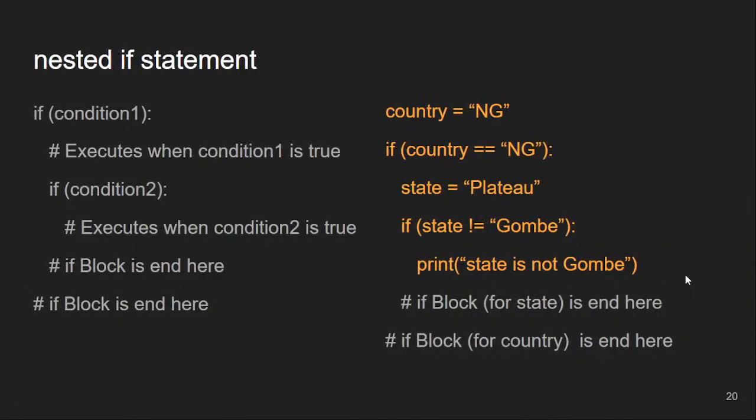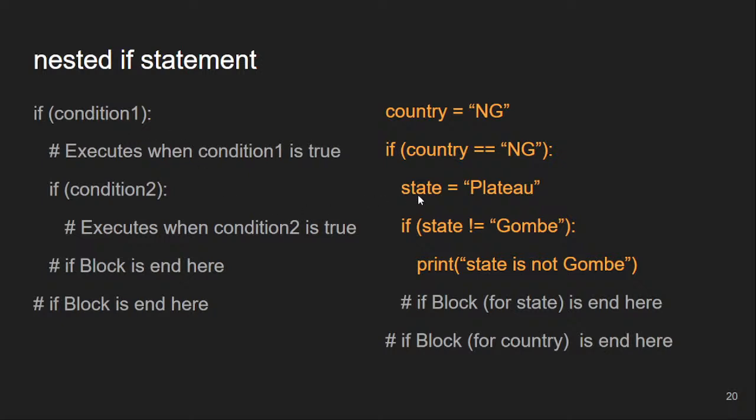Then we also have our nested if statements. For our nested if statement, basically what happens is that you can have an if statement which has another if statement as its child, which has as many if statements as it needs. So that's what we call nested. When we say something is nested, that means something is inside something.